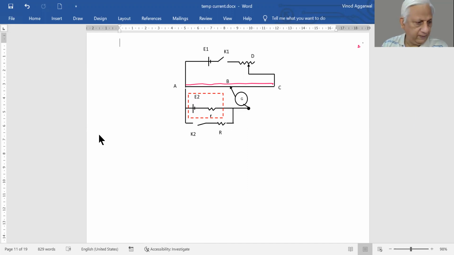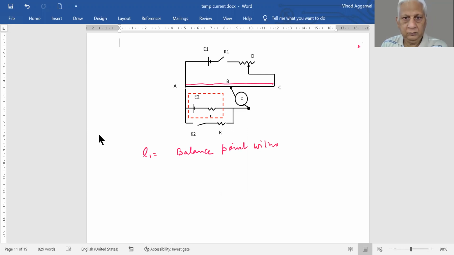Let us say L1 is the balance point without R in the circuit.